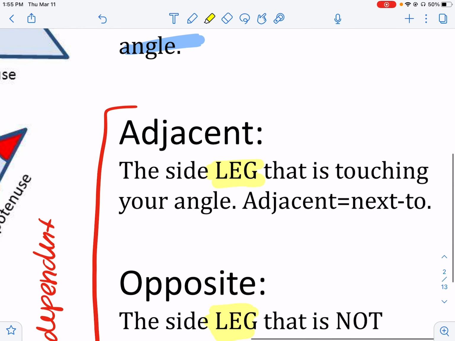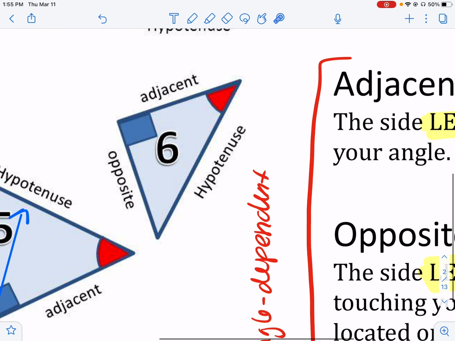The adjacent one is the leg that is touching your specific angle, whichever angle you're looking at. And that's because adjacent means next to. So if we look at these, the red angle is the angle that we're looking at. We've already found our hypotenuse, so we have to look at the leg that is touching it. The leg will connect from the 90-degree to the angle.